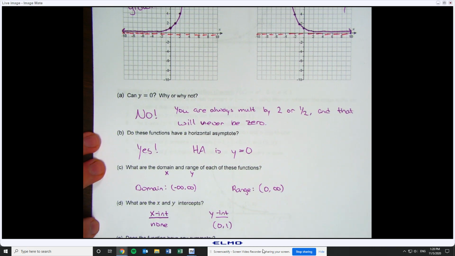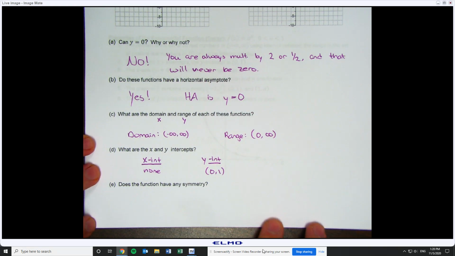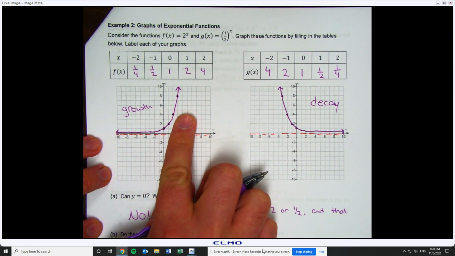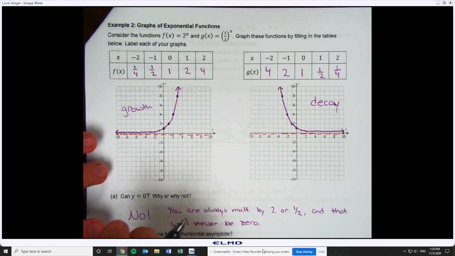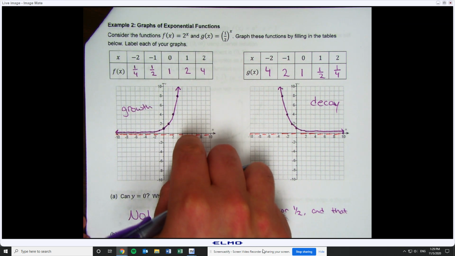Now, as far as the symmetry goes, we've dealt with symmetry quite a bit this semester. Symmetry, that's where we deal with either being symmetric with the y-axis, and that means an even function, or symmetry with the origin being an odd function. Well, I can't fold this over and it land on itself, so there's no symmetry with the y-axis. It's not even. And if I were to take this and turn it upside down, it would not look the exact same.